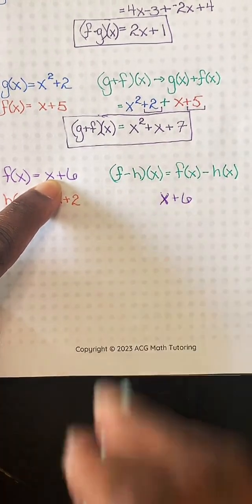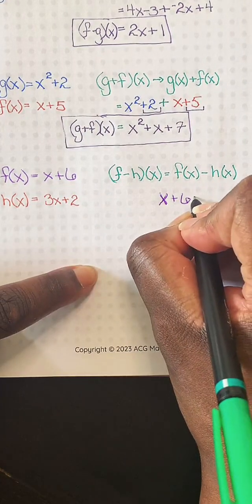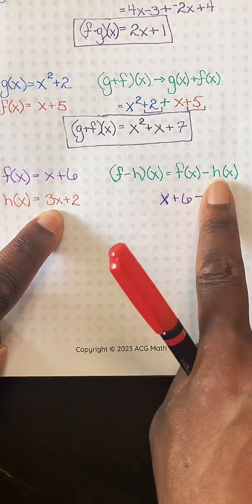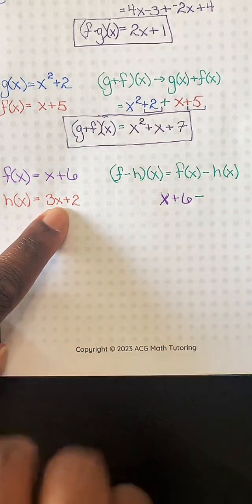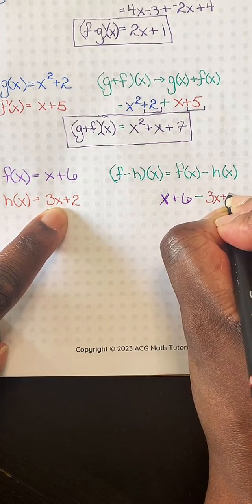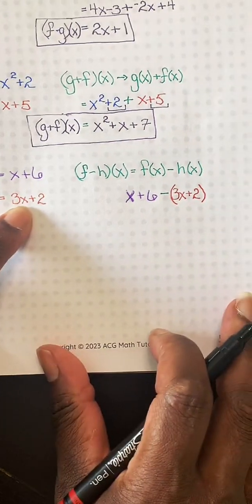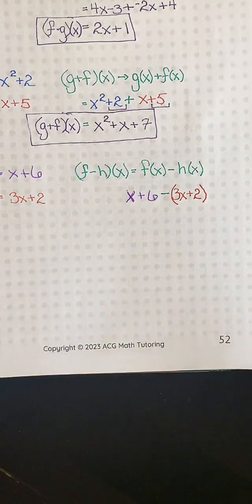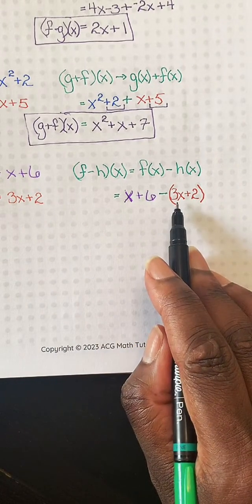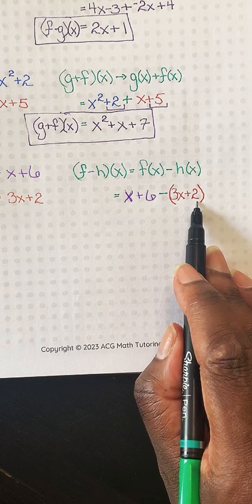I was looking at the minus sign and it just came out. Okay. It says minus, so we're going to bring down our minus sign. And then what represents my h of x is the 3x plus 2. And anytime it's subtraction, I always put parentheses around, because I'm not just subtracting the 3x, I'm also subtracting the 2 when I get my like terms.